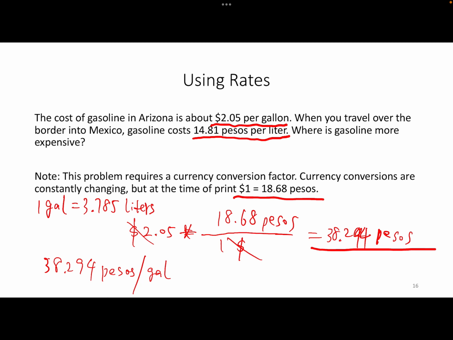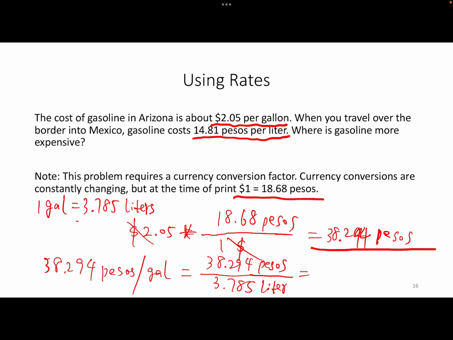We convert it. And then 1 gallon equals 3.785 liters, right? That's equivalent to 38.294 pesos per 3.785 liters.